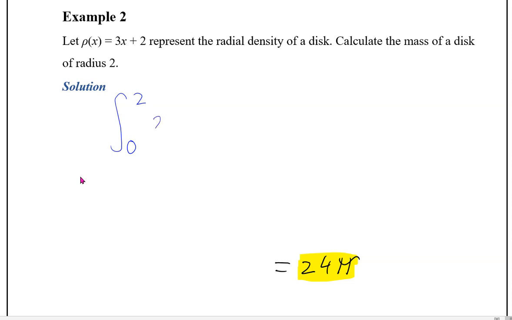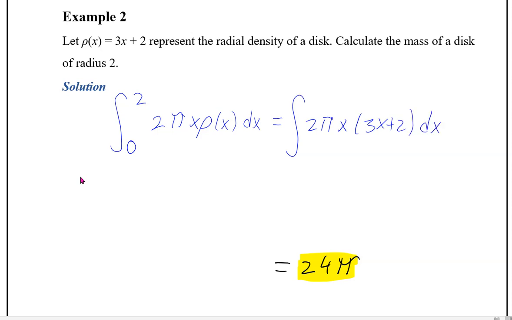Then we're going to have the formula, which is 2 pi x times rho of x dx. By putting in the formula for rho of x, we have 2 pi x times 3x plus 2 dx, integrated from 0 to 2. Pause the video here, work out the algebra and the calculus, then turn the video back on to compare your answer to mine.